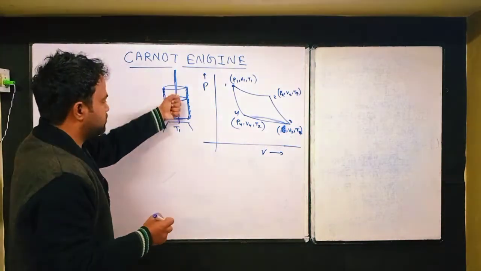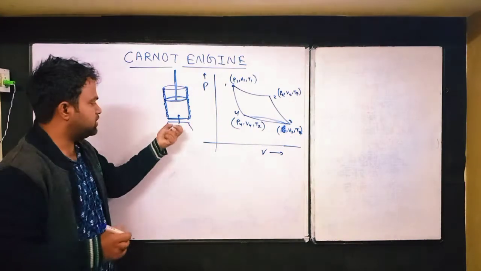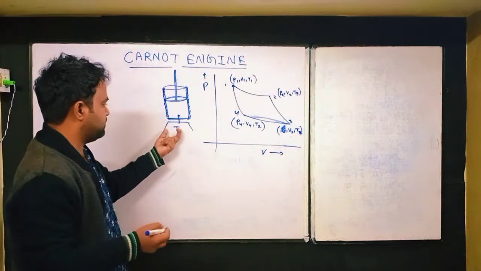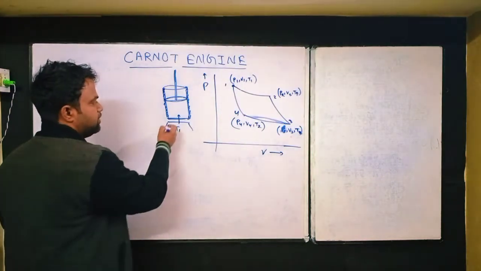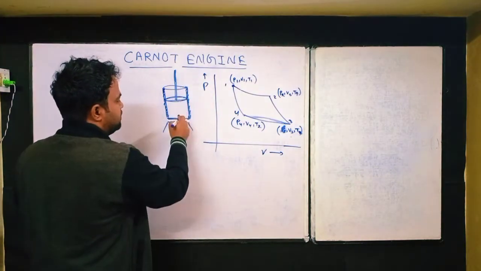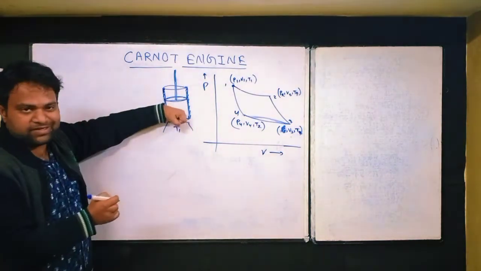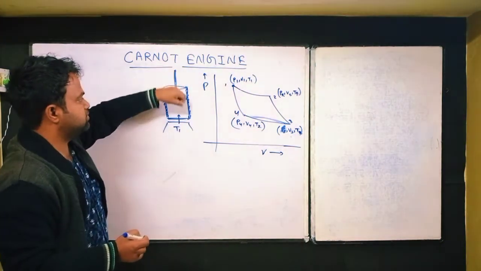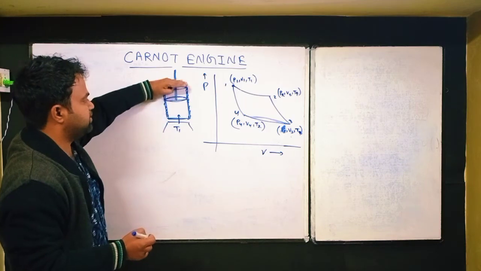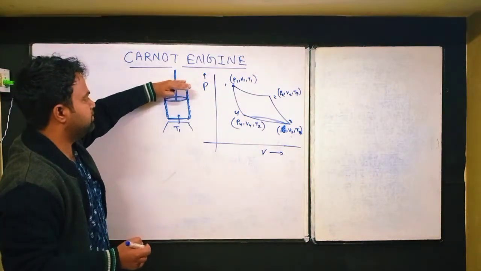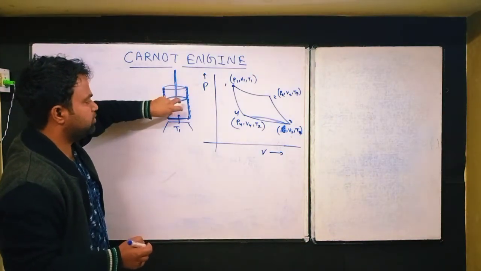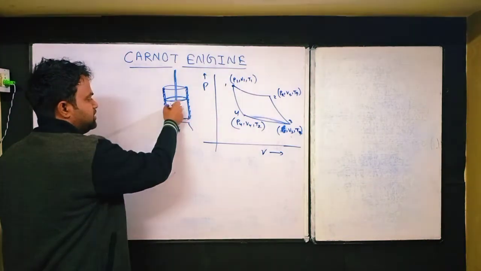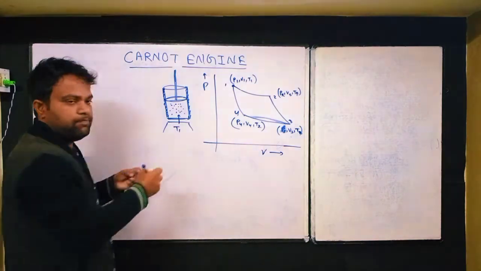So when I keep it on this reservoir T1, which is at high temperature, it will receive heat energy, and I'll expand it isothermally. It will gradually expand. This piston will go up, volume will increase, and work will be done by the gas. Remember, this line is very important: work is done by the gas.